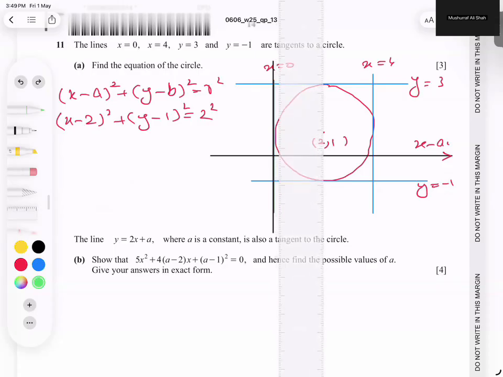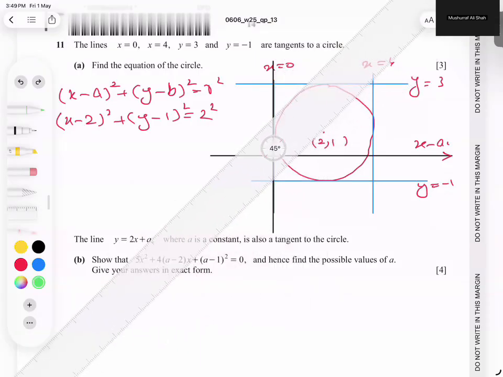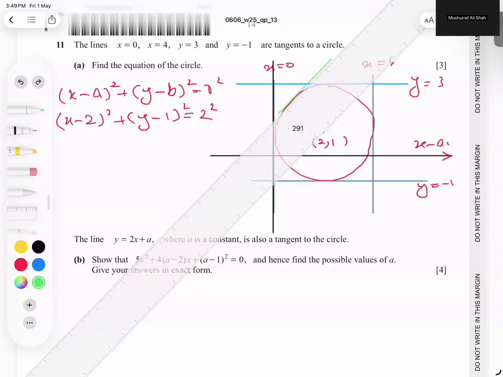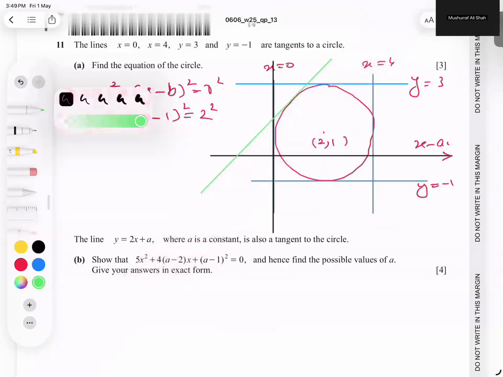Students, just see the example I'm giving you. This is just a rough idea. This green line is a tangent, okay? And he's saying that this line is y equals 2x plus a, at this point.